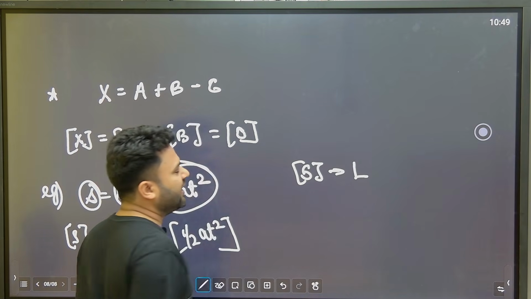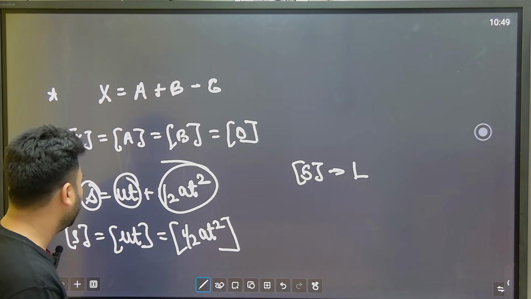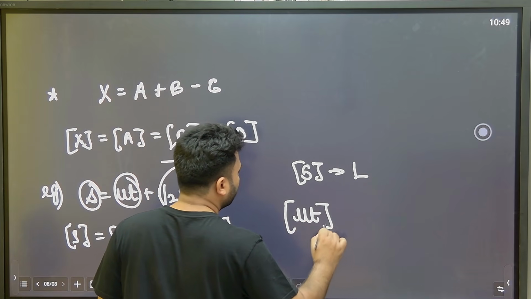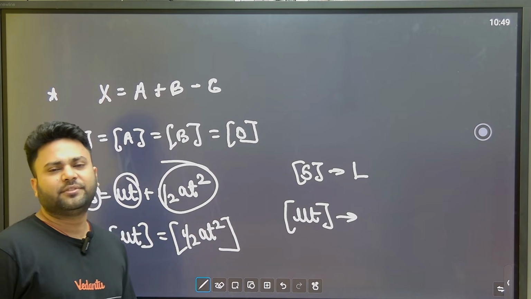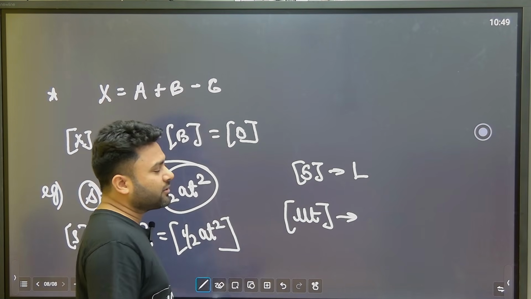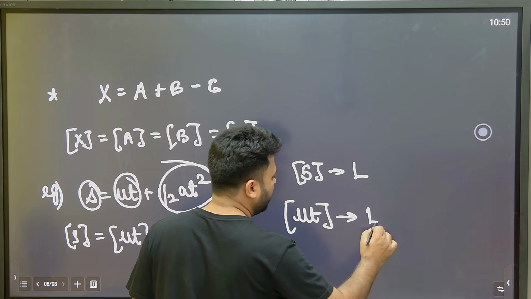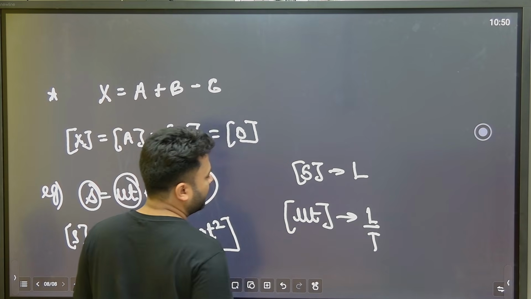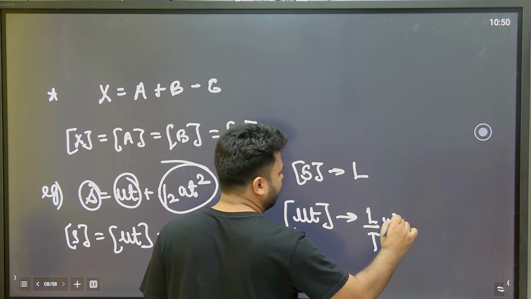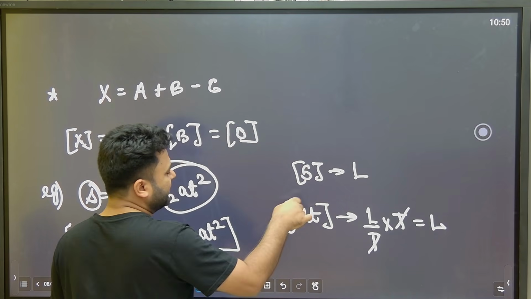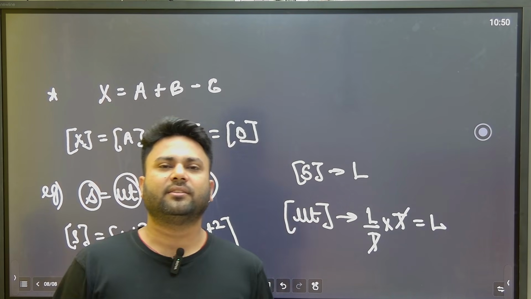Length, s is distance. Dimension of ut: u is what? Speed. Speed means meter per second, SI unit meter per second. So meter per second multiplied by time, time cancels. See, again it is coming L. So both these dimensions are matching.